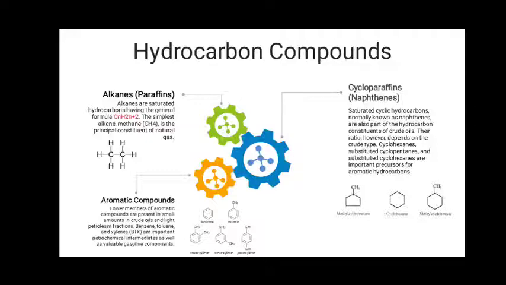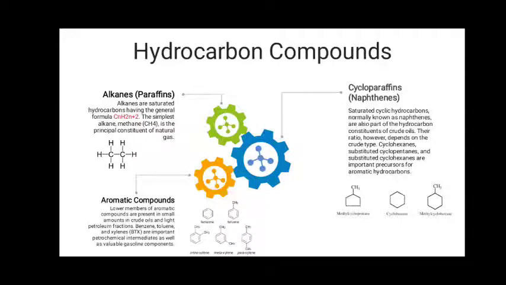And the next, cycloparaffins or naphthenes. Saturated cyclic hydrocarbons, normally known as naphthenes, are also part of the hydrocarbon constituent of crude oil. The ratio, however, depends on the crude type.